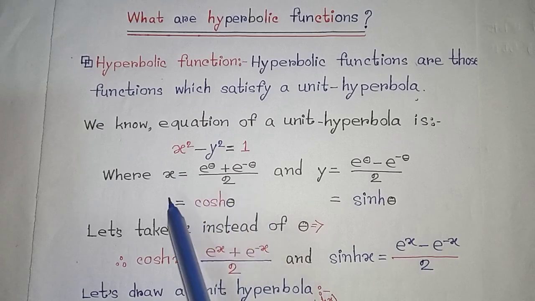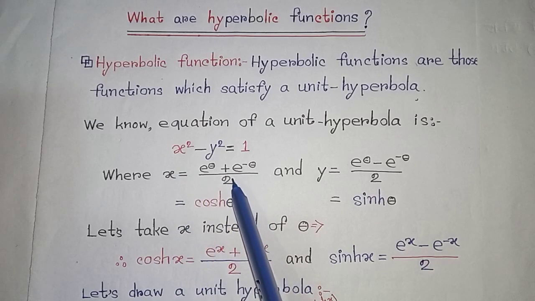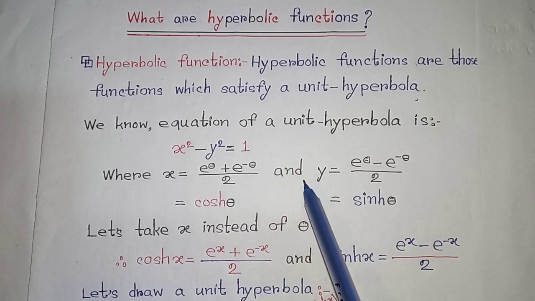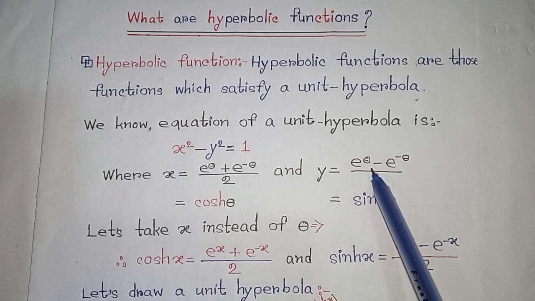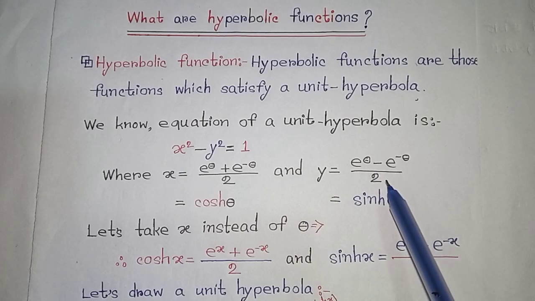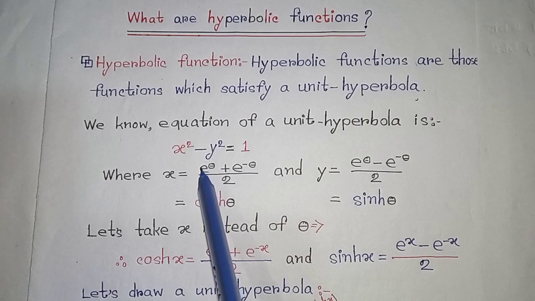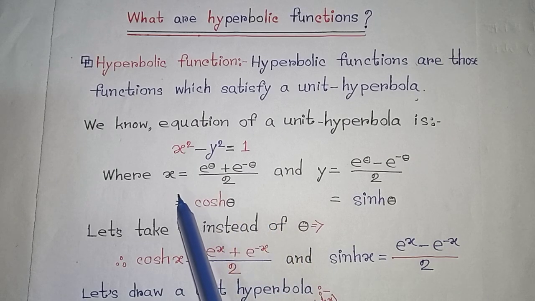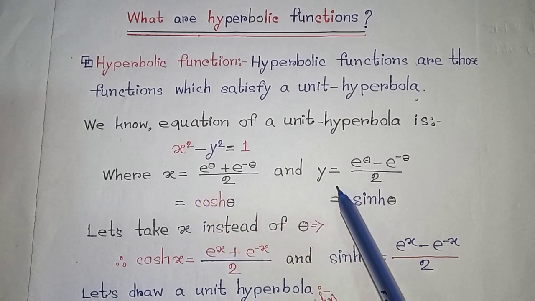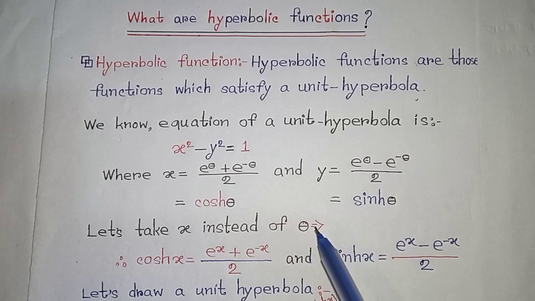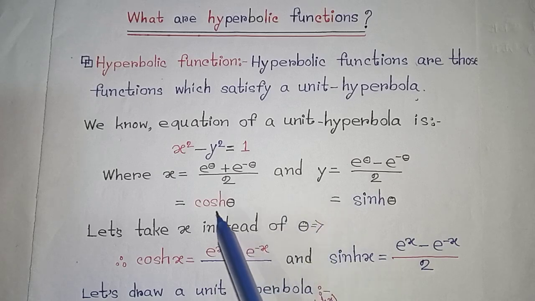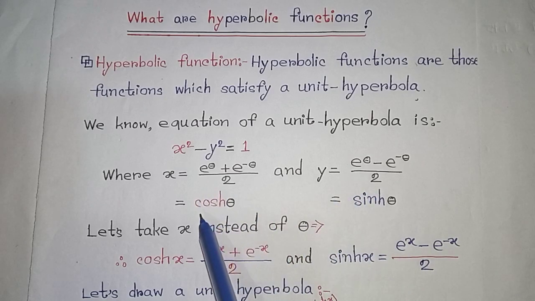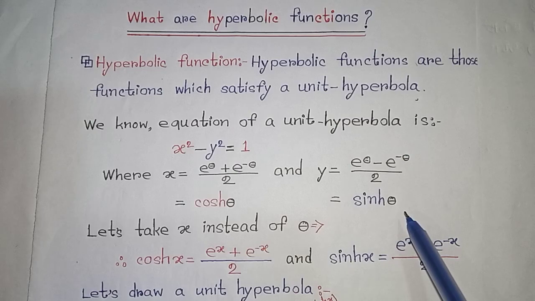That means x is equal to e to the power theta plus e to the power minus theta by 2 and y is equal to e to the power theta minus e to the power minus theta by 2 satisfy this unit hyperbola's equation. From circular functions we get x is equal to cos theta and y is equal to sin theta. That's why mathematicians named these two functions cos hyperbolic theta and sin hyperbolic theta.